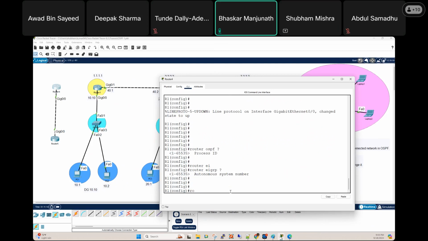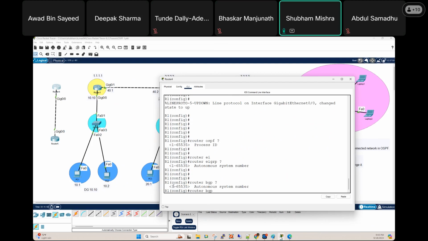Yes, sir. I am writing router BGP and then pressing the question mark. It means BGP is also using what? AS number, autonomous system number. It means OSPF is an IGP protocol, but OSPF is not using the AS number. If anyone asks you, OSPF is an IGP protocol, meaning all the routers are within the same AS, so you can answer yes.